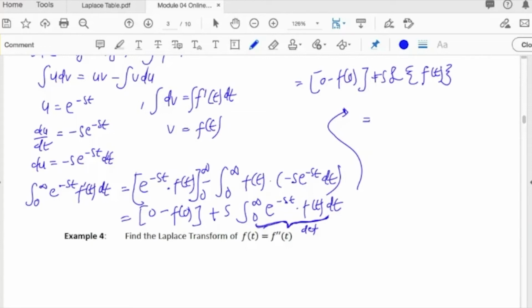So you can write it back as s times the Laplace transform of f(t), minus f(0).